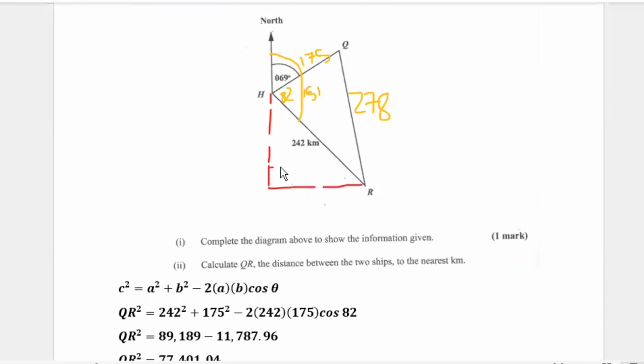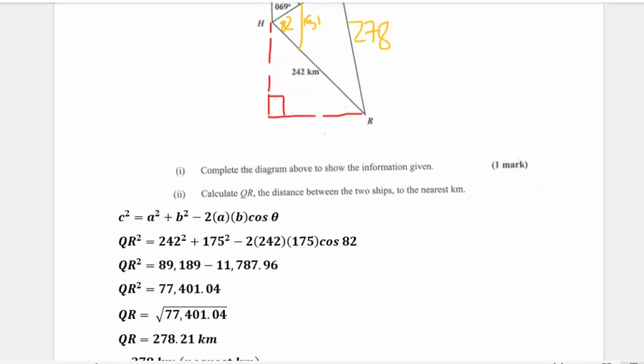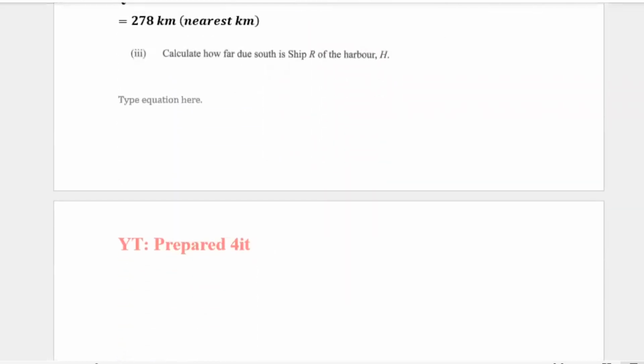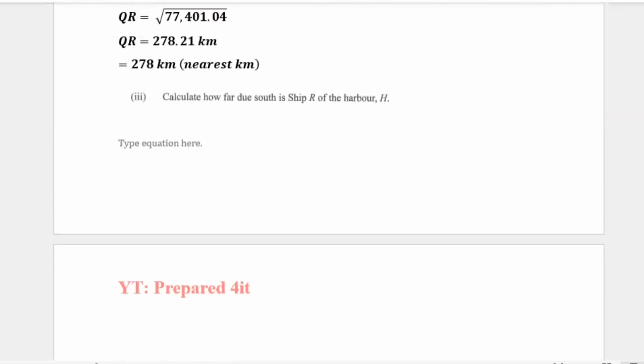So you can see that we formed a right angle triangle right there. So let me go and show you the question. All right, that's it right there. So how far due south is ship R of the harbor?